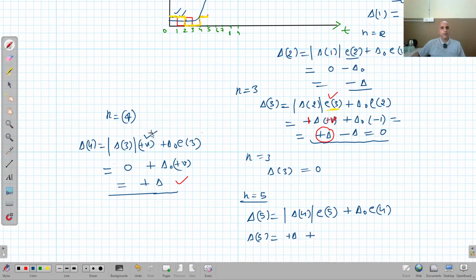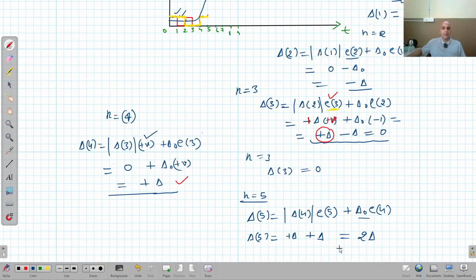Error 4 is positive here at this point, so we are taking it as plus delta. Delta naught is also delta and E4 is positive, so we are getting 2 times delta. This is what I was saying in the beginning.